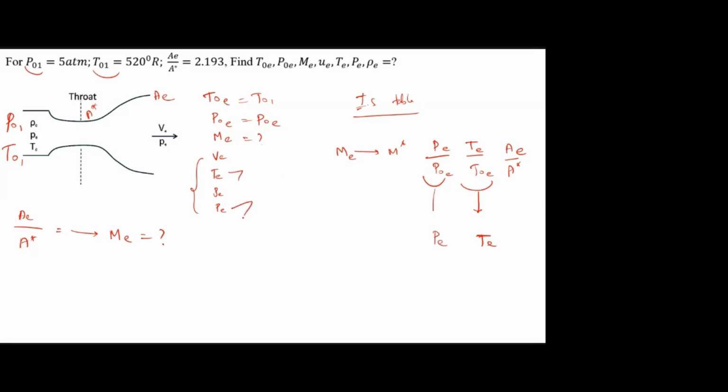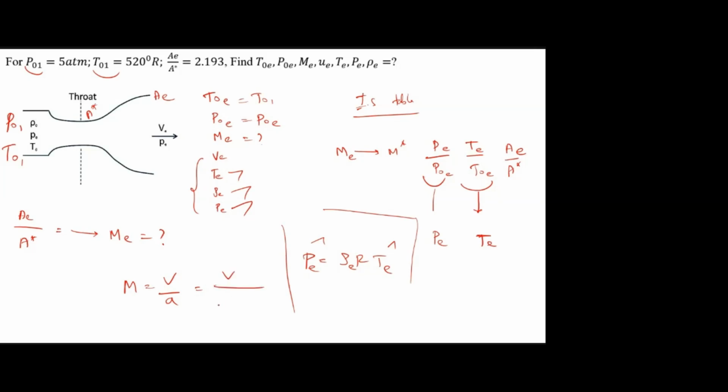Okay, TE, PE we found. Remaining velocity and density. So we have temperature and pressure. Using the ideal gas equation, we can find density. Okay, so we know pressure and temperature, from that we can find the density. Then finally velocity. We can use the Mach number velocity equation to find it.